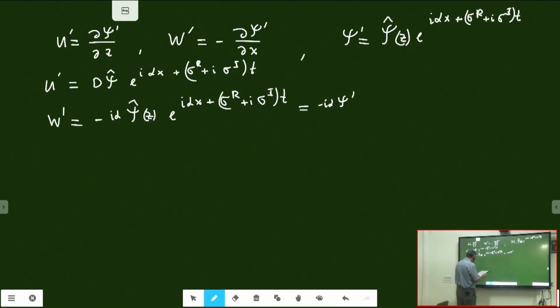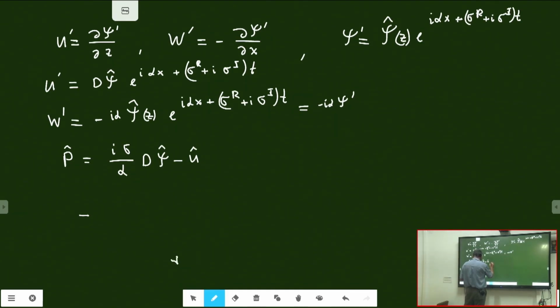And P hat in this case is going to be equal to i sigma divided by alpha d psi hat minus U hat. Sorry, wrong one.